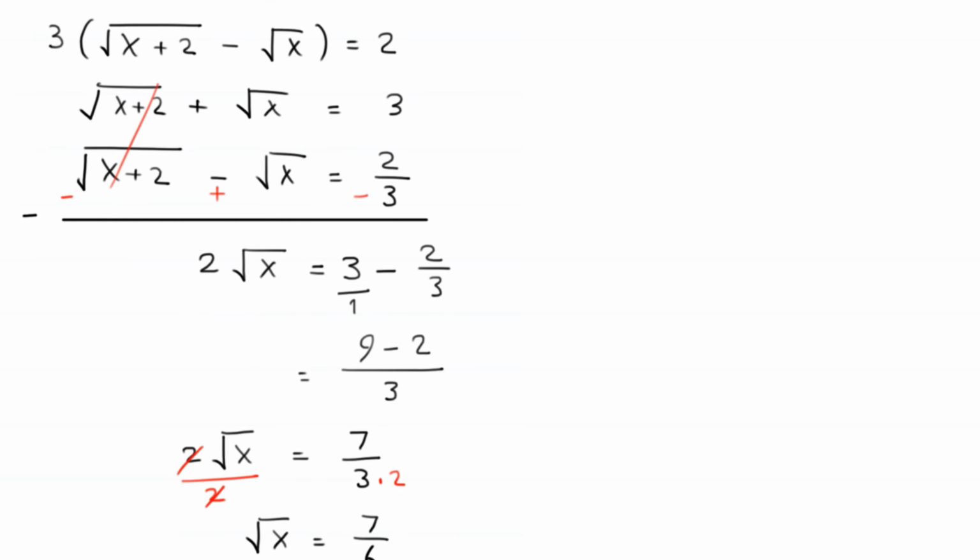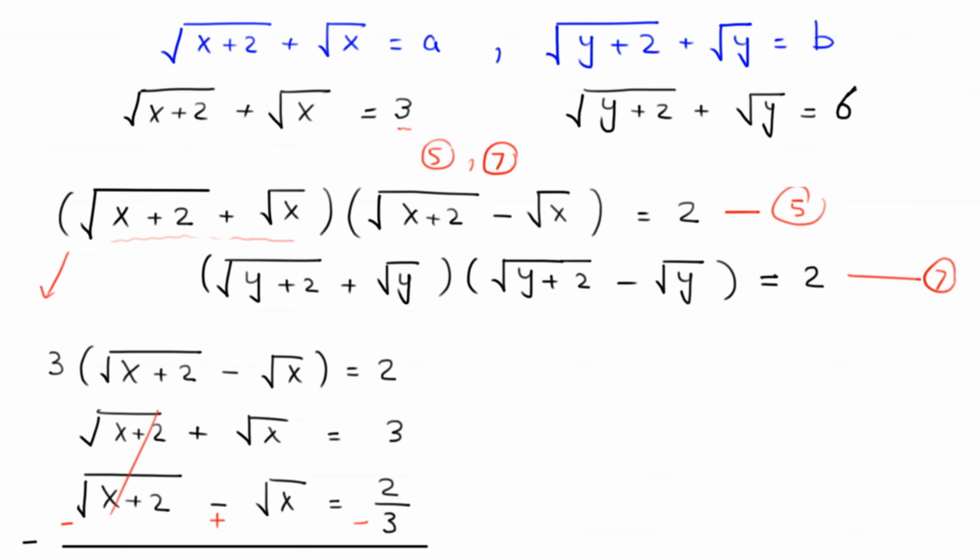Now we find the value of y. In this equation number 7, if we replace this root y plus 2 plus root y with this value 6, so this will become 6 times root y plus 2 minus root y is equal to 2, and we divide both sides by 6.